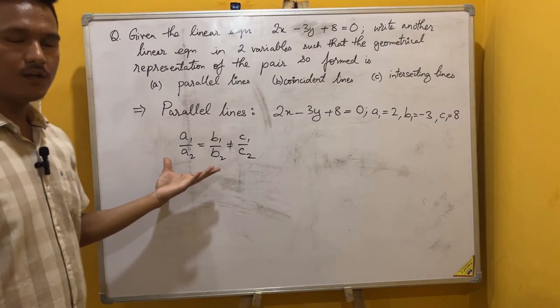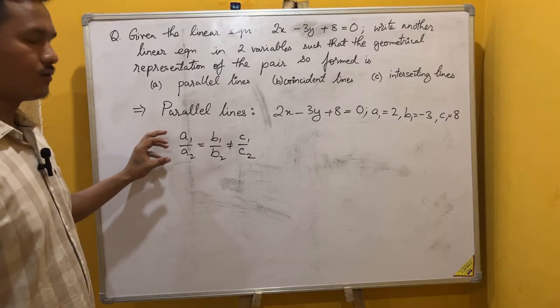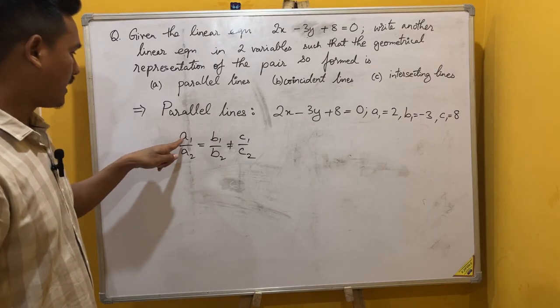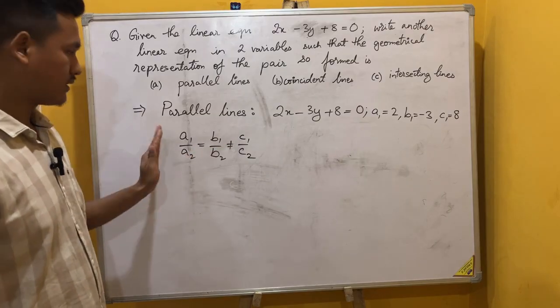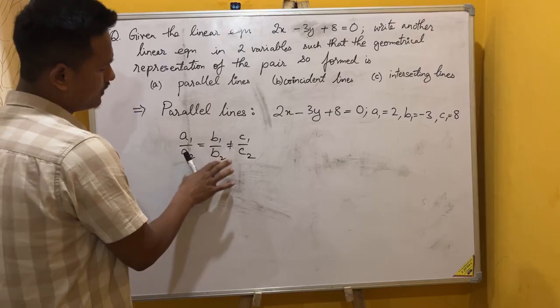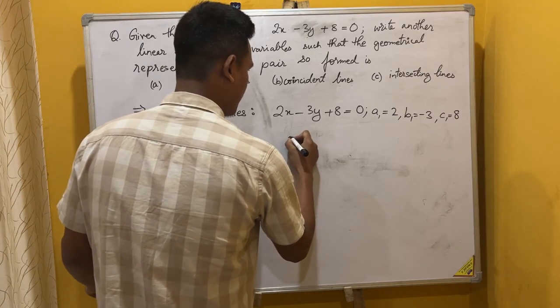So this is the condition for two straight lines to be parallel. Since our A1, B1 and C1 are fixed, we'll find A2, B2 and C2. Please write with this.